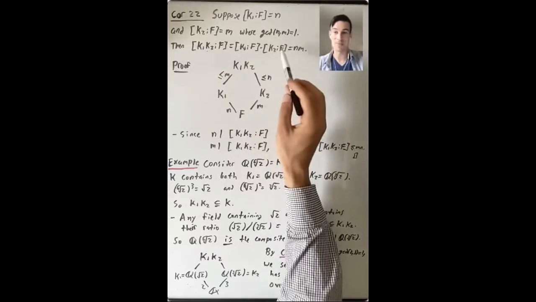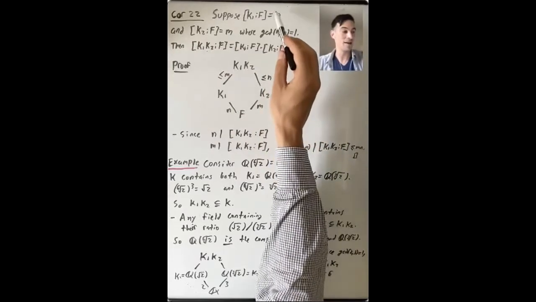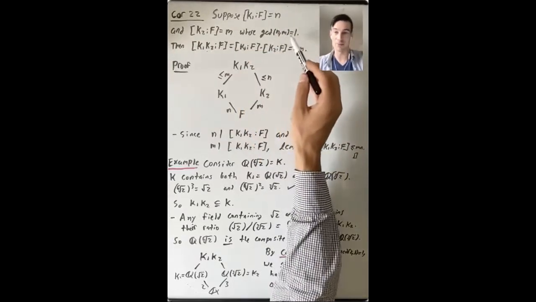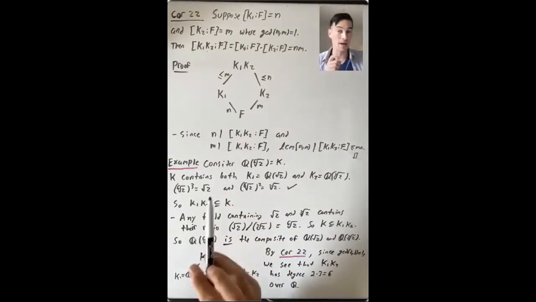So it's the same setup as Proposition 21, and it's saying that when n and m are relatively prime, that's giving you one case where equality must hold.